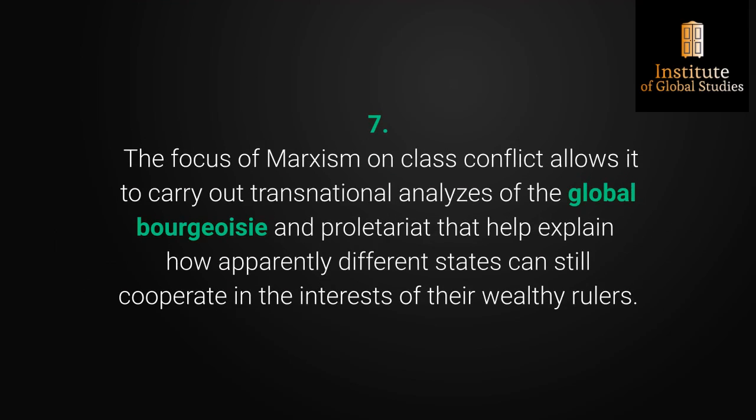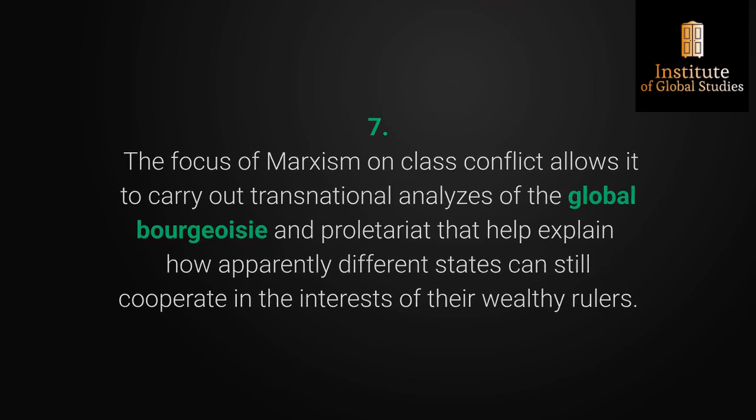7. The focus of Marxism on class conflict allows it to carry out transnational analyses of the global bourgeoisie and proletariat that help explain how apparently different states can still cooperate in the interests of their wealthy rulers. 8.